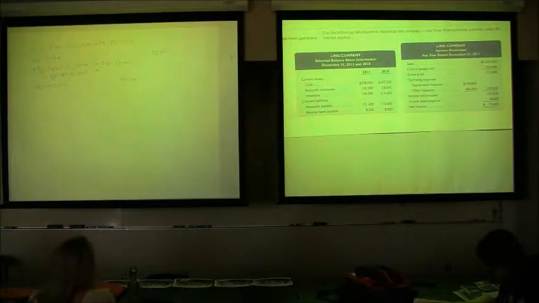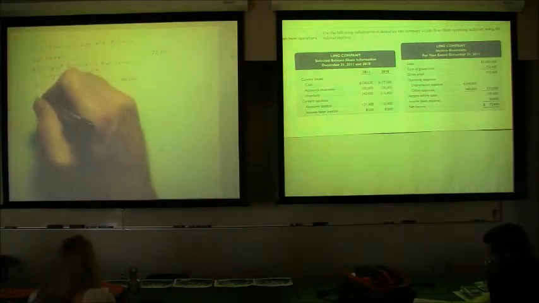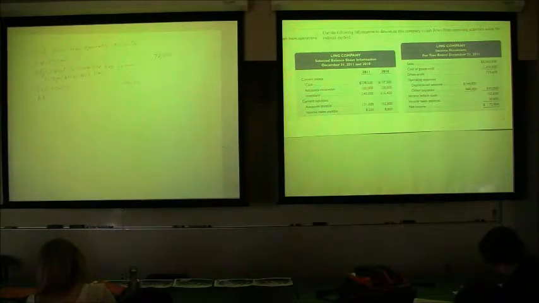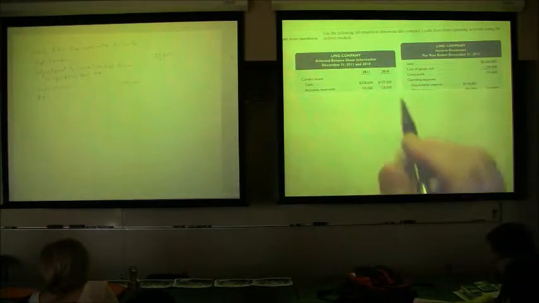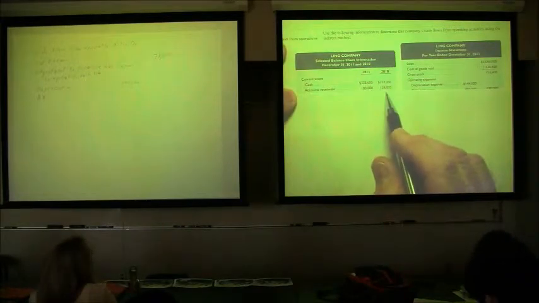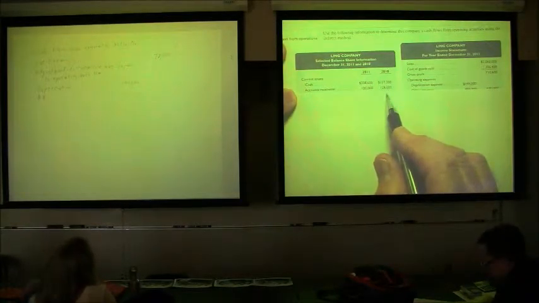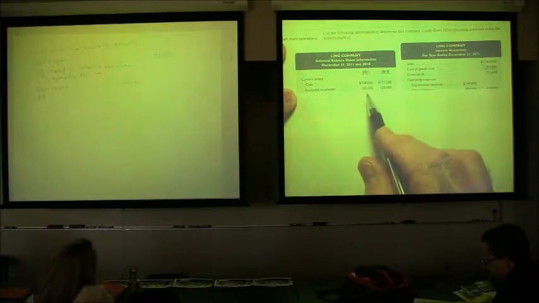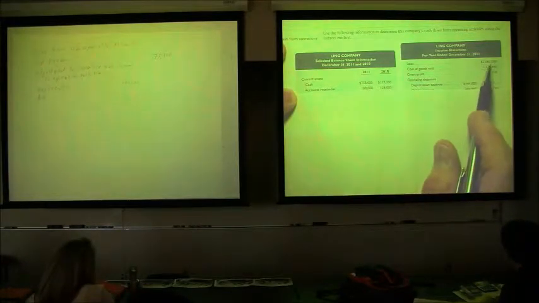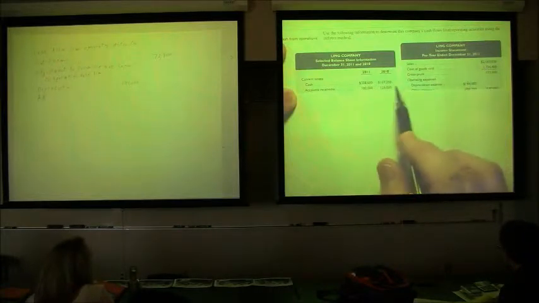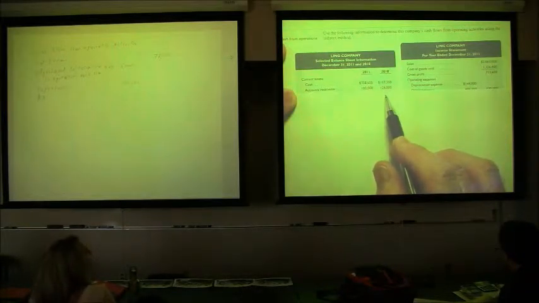Then your accounts receivable. I'm going to put AR for accounts receivable. In 2010, it was $128,000, and it dropped to $100,000 in 2011. Now what this means is you collected an amount equal to all of your sales plus 28,000 from last year.